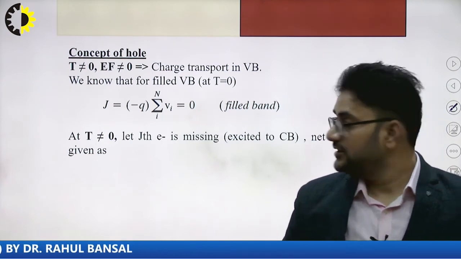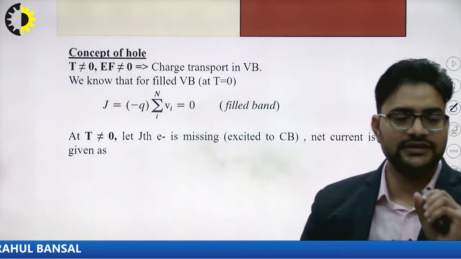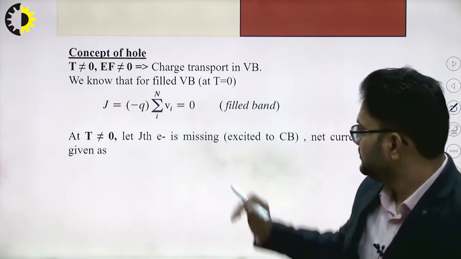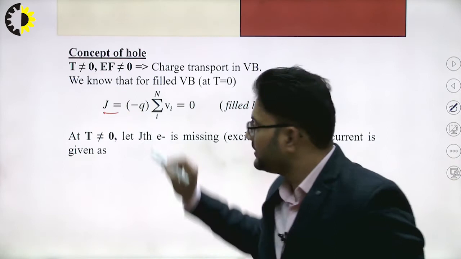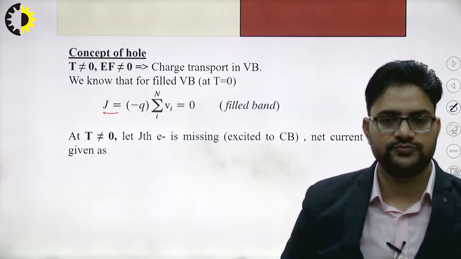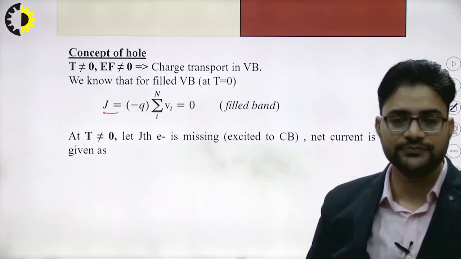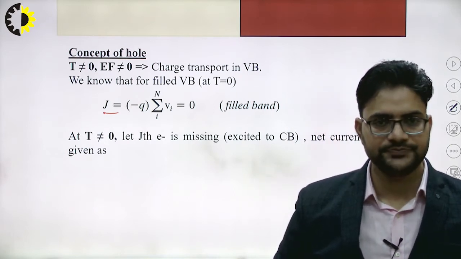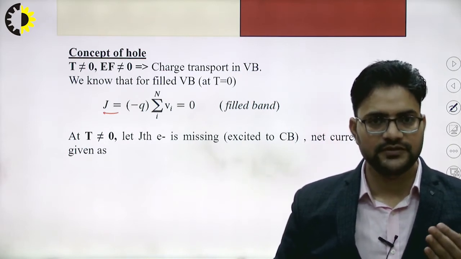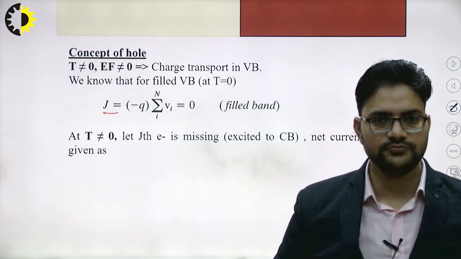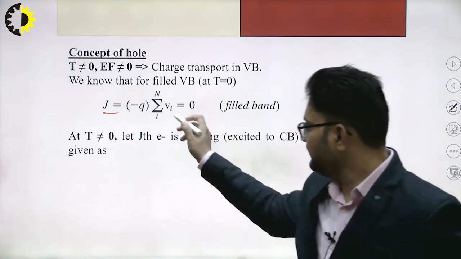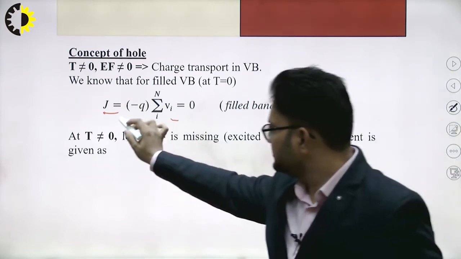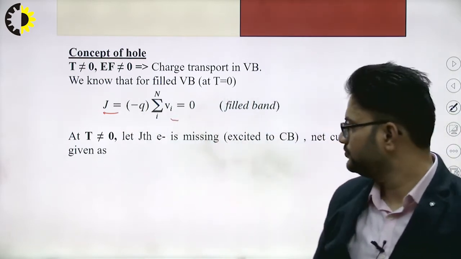We also know that at temperature equal to 0, the current density is equal to 0. This is due to the equal movement of the electrons in the opposite direction, so that the velocities cancel out, and the current density will be equal to 0.